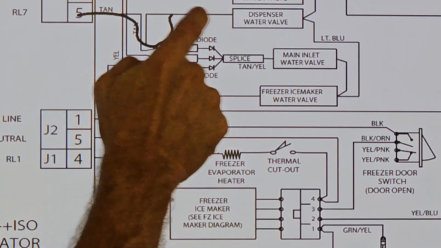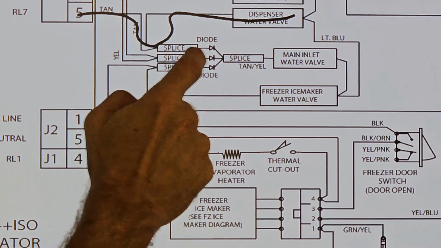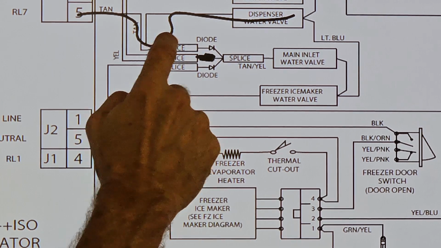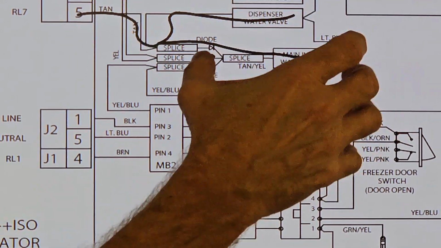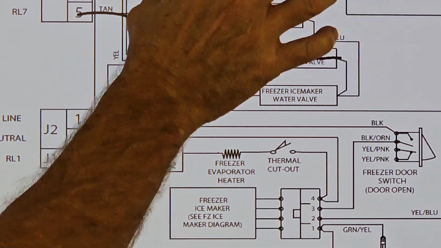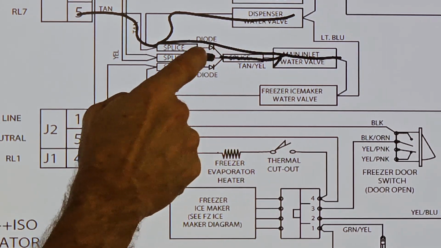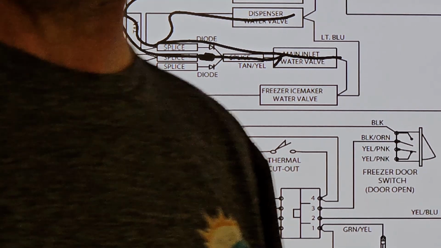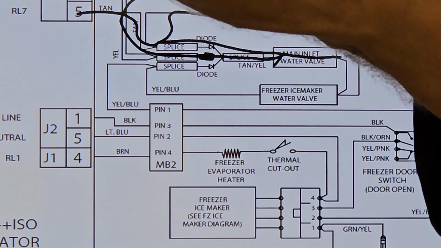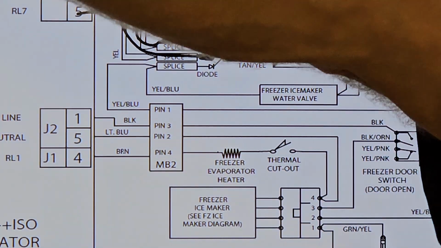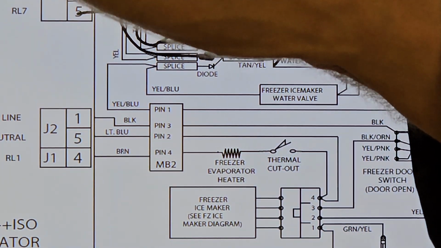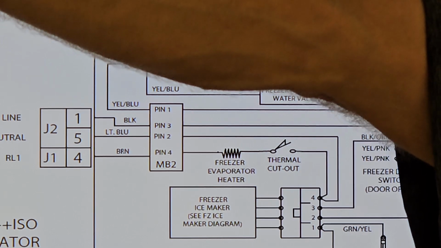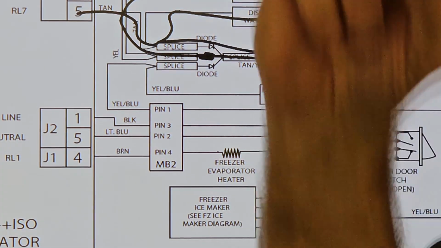Then I go through here to the dispenser on the door, and if this one's shorted, the ice maker one, not only will water come to the cup, but while I'm holding my cup there for water, the voltage comes back, and the ice maker's also filling up with water. So while you're there holding your cup, calling for water, the ice maker's shooting water, and you're flooding the ice maker compartment if either one of those diodes fail.